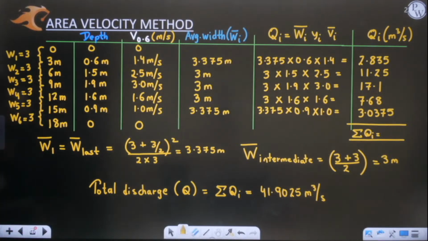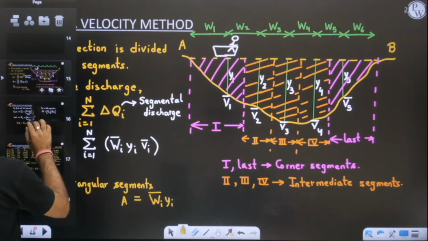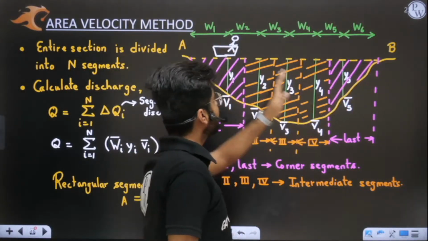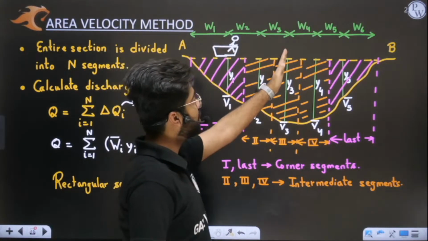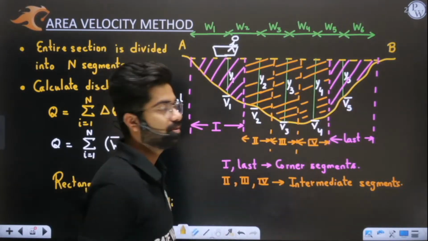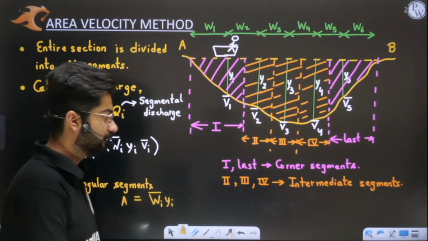So 6 times we have moved, from W1 to W6: first time, second time, third time, fourth time, fifth time, sixth time. If I move 6 times, segments will be 5. Segments are 1 less in number.